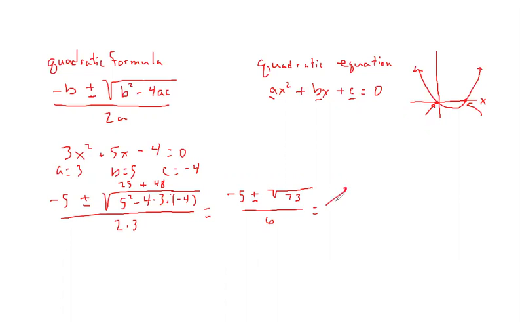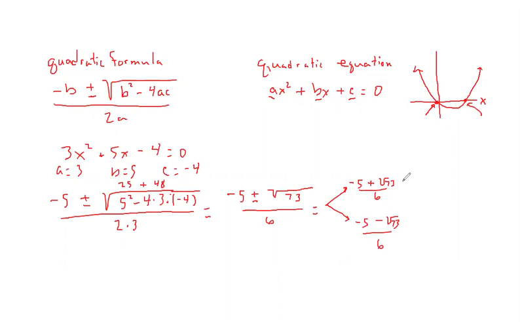Then, in order to work this a little bit easier and not get confused, I'll split the plus and the minus up. So I've got -5 plus square root of 73, all divided by 6, and I've got -5 minus square root of 73, all divided by 6.